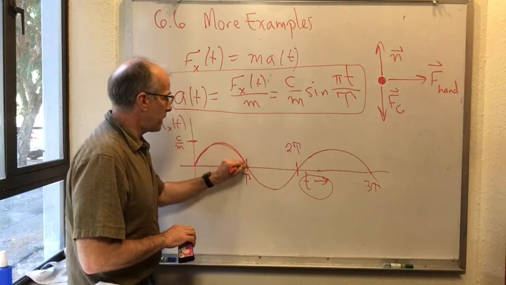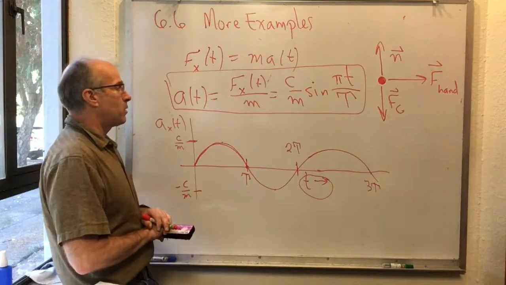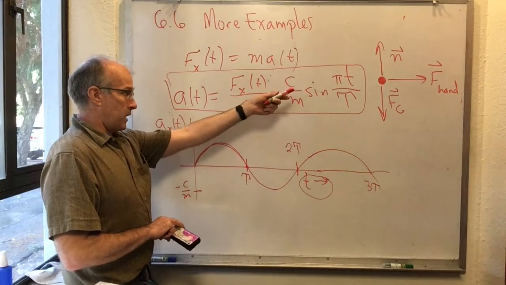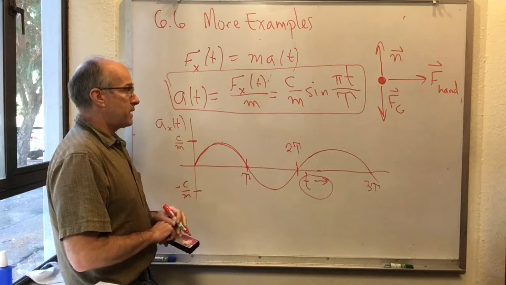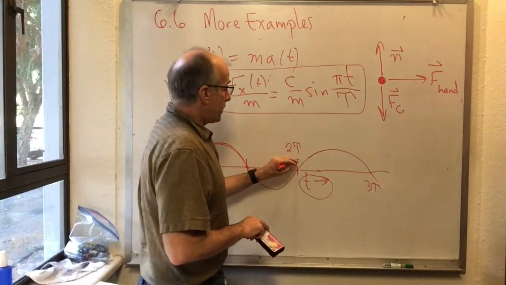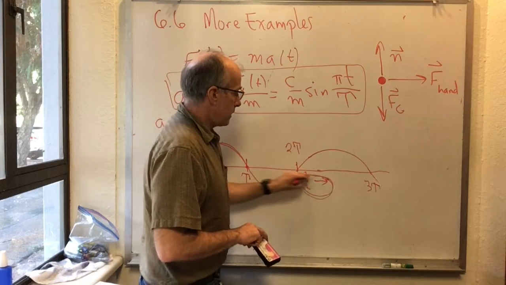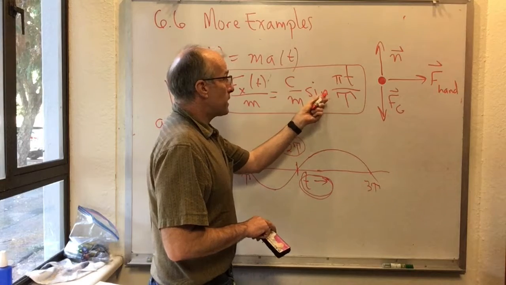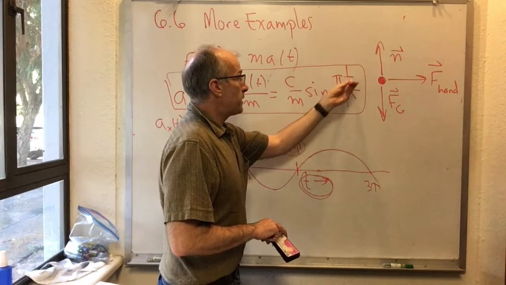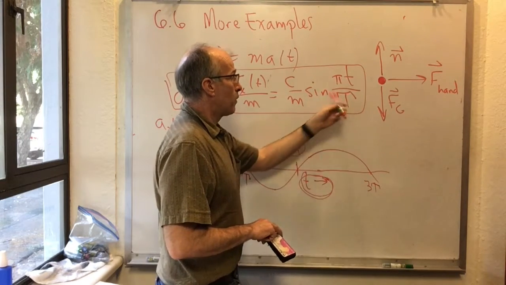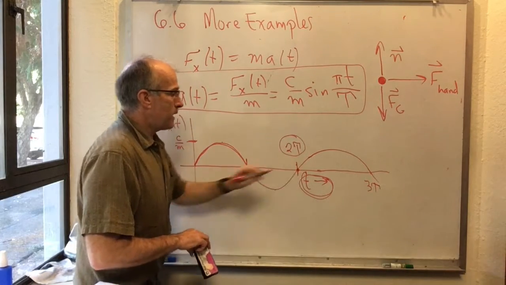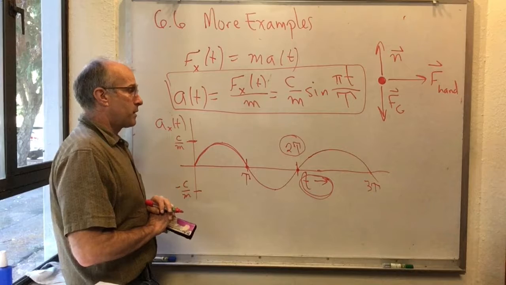It goes up, and then it crashes back into 0 when little t equals big T. And then if you put in little t equals 2T, you've got sine of 2 pi, the second 0 of the sine function.